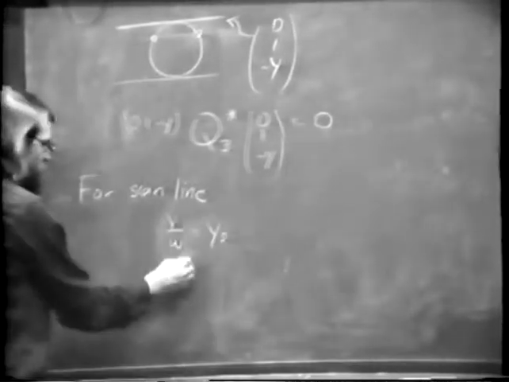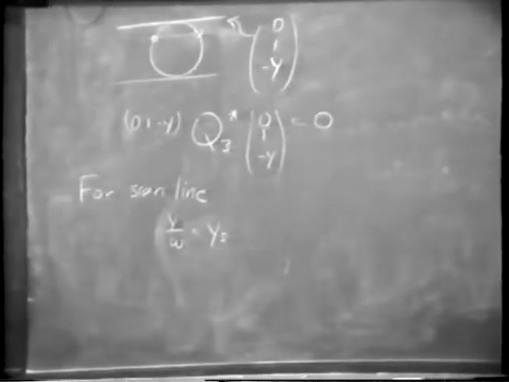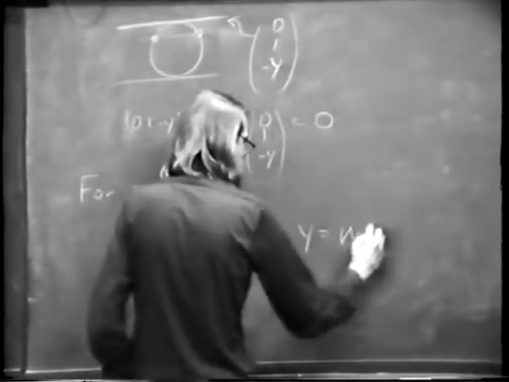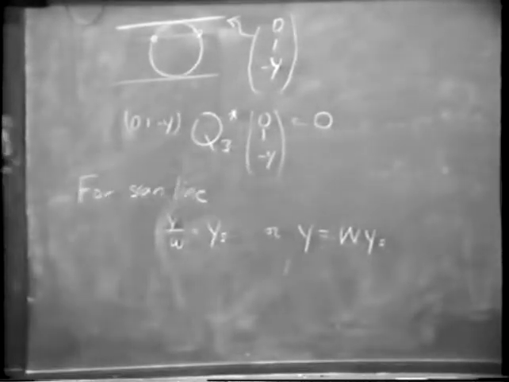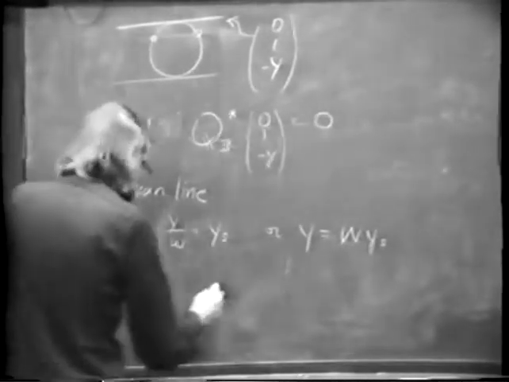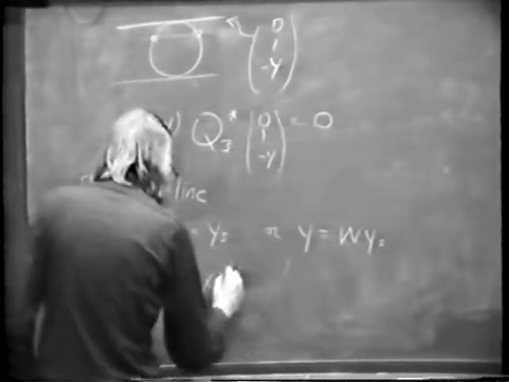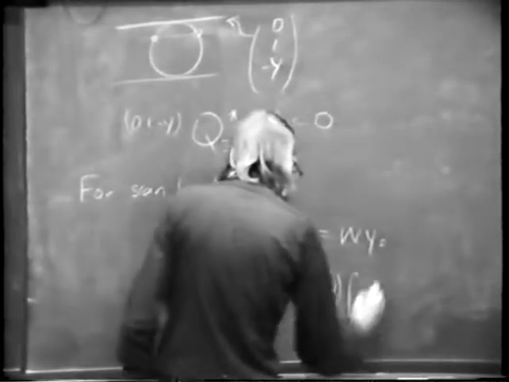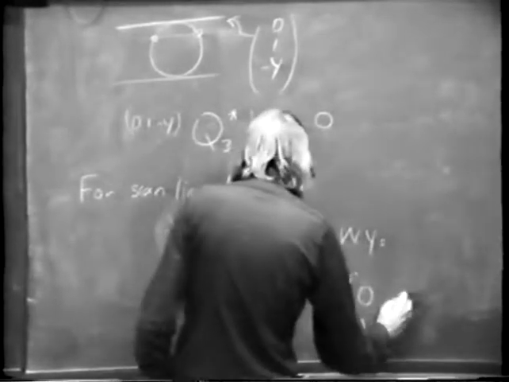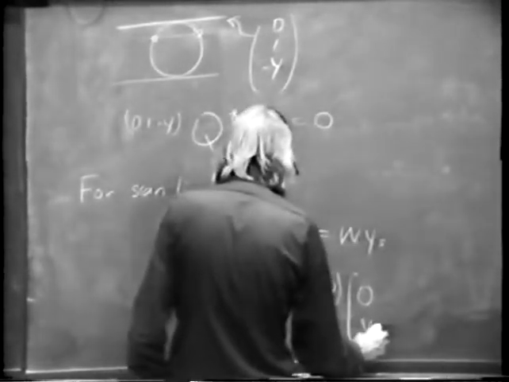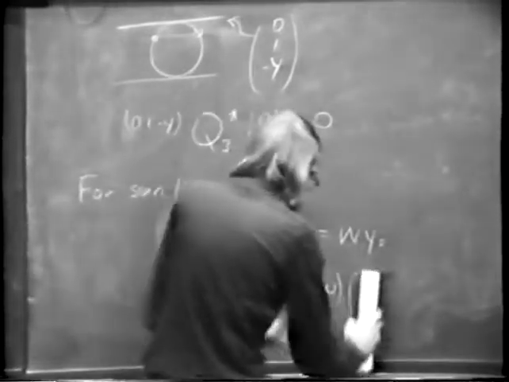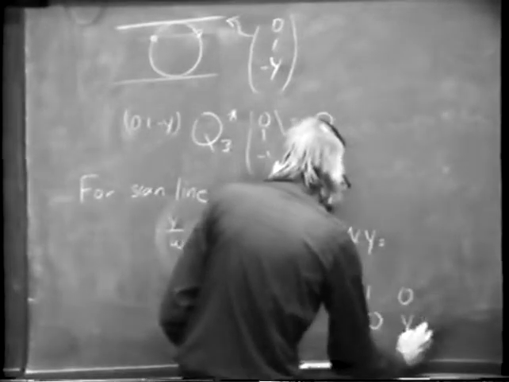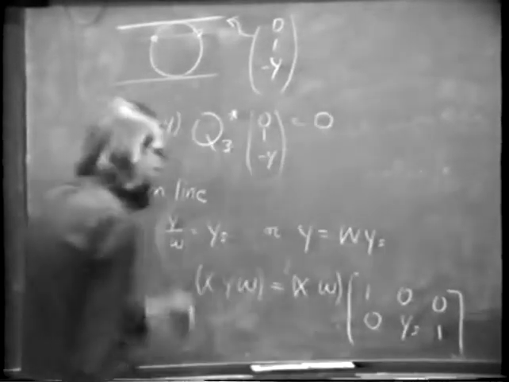y over w in the homogeneous case is equal to this constant value ys for the scan line. We can form another identity which can be plugged into the Q3 equation by saying xyw equals xw times, getting ahead of myself here, something like this.